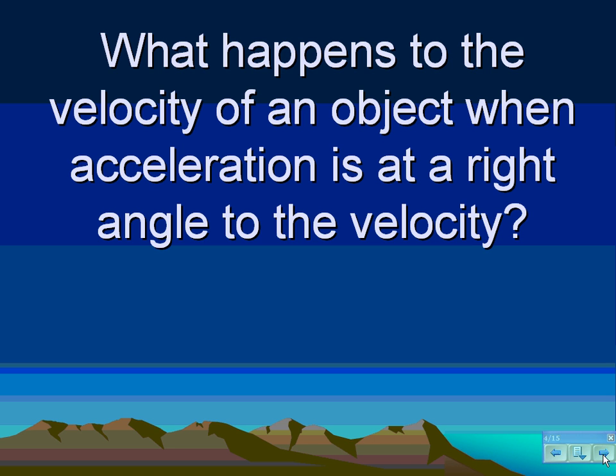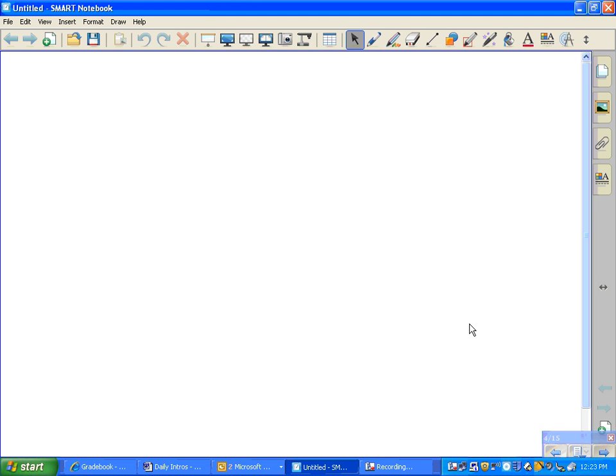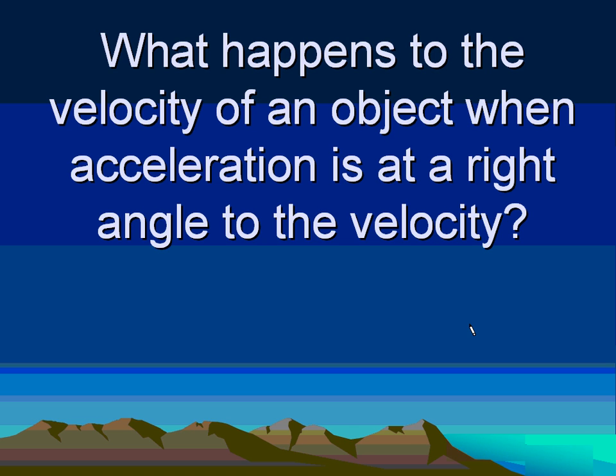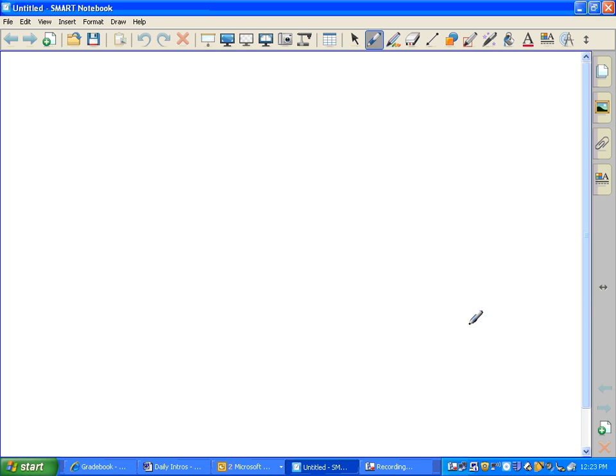So then the question is, now let's look at this. If I have an object moving with a constant velocity and I exert a force, or I cause it to accelerate at a right angle to the direction it's traveling, what is the result of that action? Here's my object moving with a nice constant velocity, and I exert a force causing it to accelerate perpendicular to the direction it's traveling.